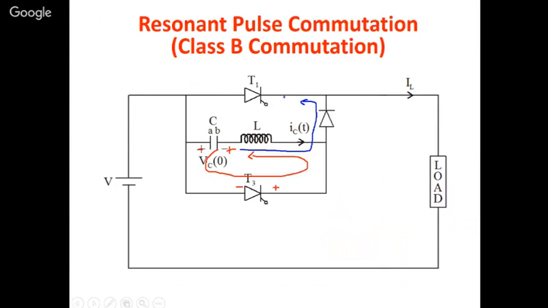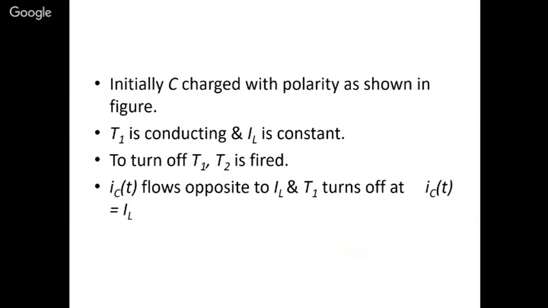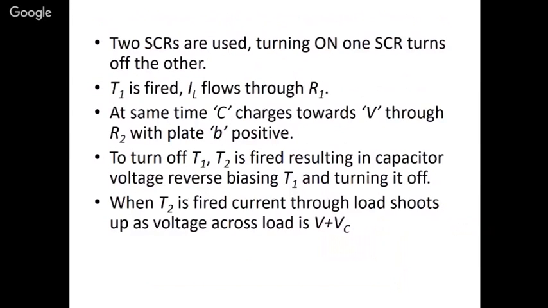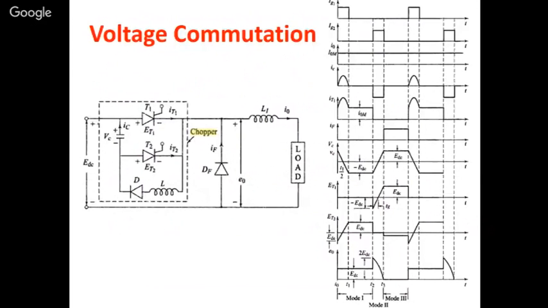Or what you can do is use a voltage commutation circuit. I'll just show you the voltage commutation circuit. Here, this has to be initially charged like this, and the current will be flowing through the main circuit.